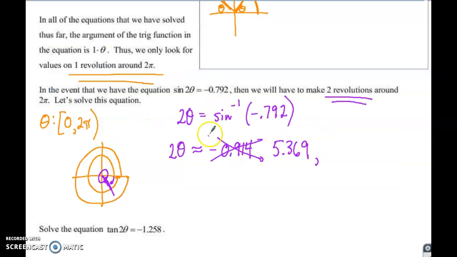Oops. I also want to think about what if I had this angle right here, because sine is negative right here. The reference angle is that negative 0.914. So what I'm going to think about is what if I did the absolute value of that number, which in my calculator is A, and I add pi to it.